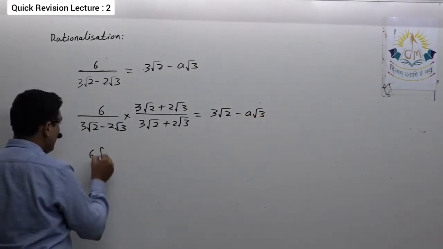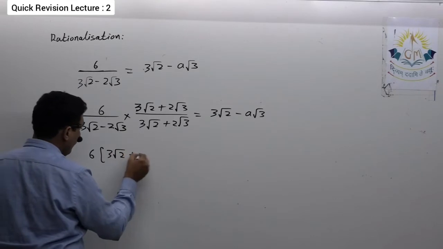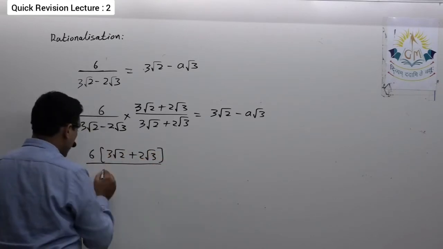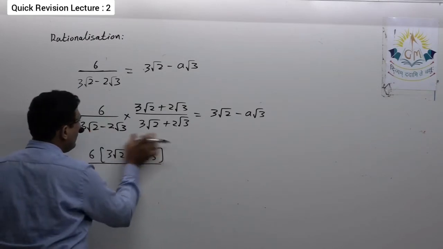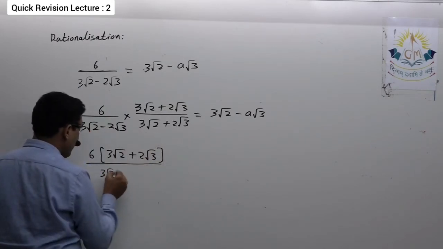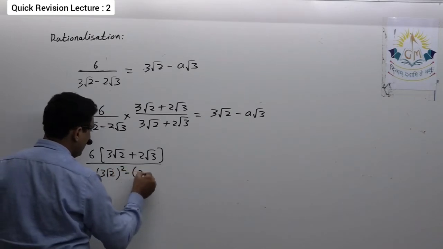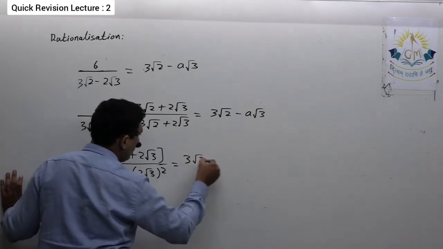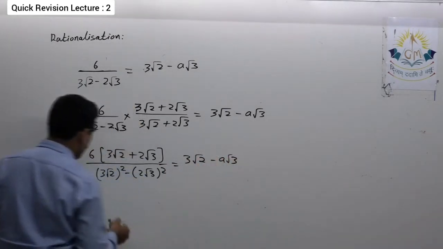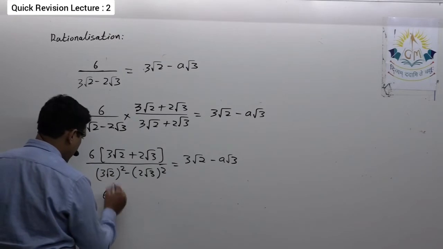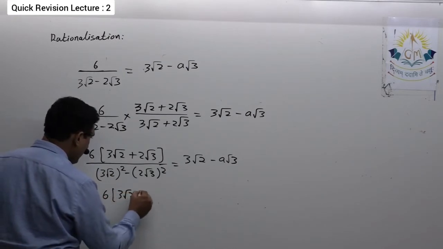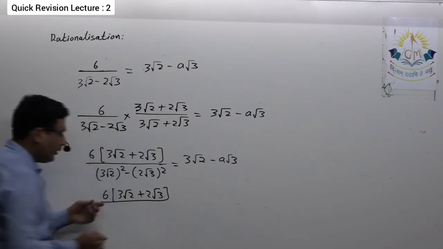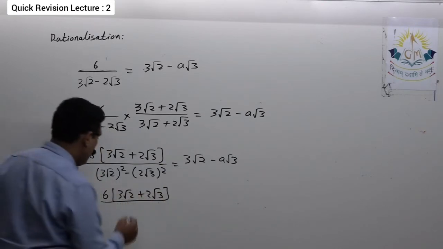Now in the numerator 3 root 2 plus 2 root 3, divided by, in the denominator, a minus b times a plus b, so a square minus b square, is equal to 3 root 2 minus a root 3. Now over here I am keeping 6 outside the bracket only, because it is quite possible that this 6 will cancel out with the simplified form of the denominator.